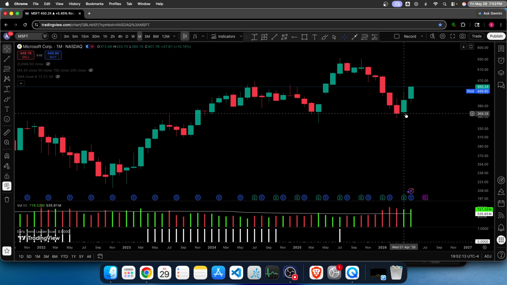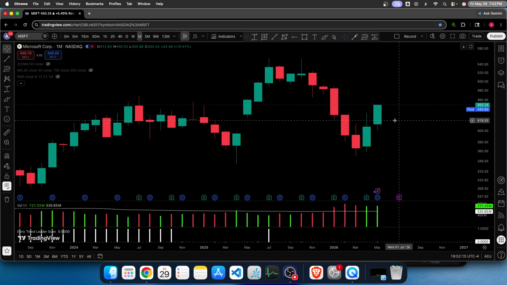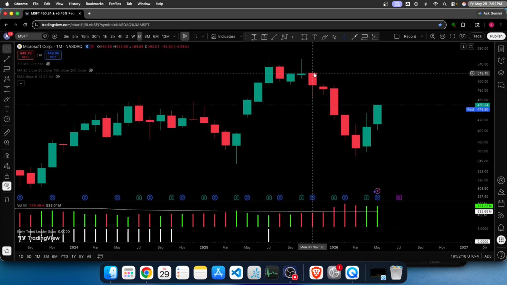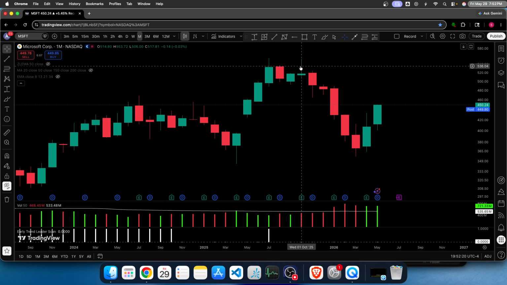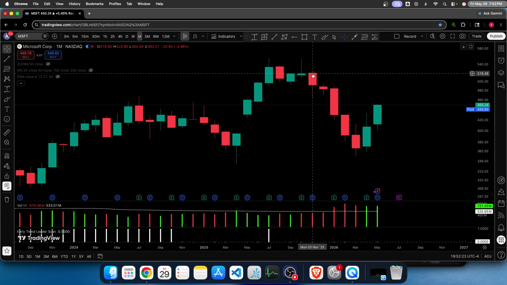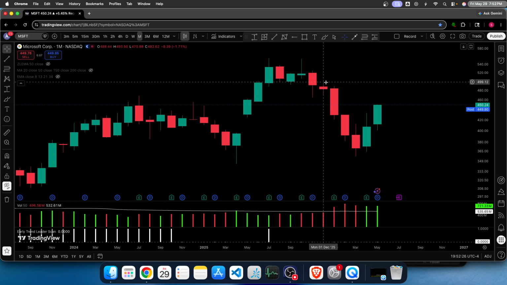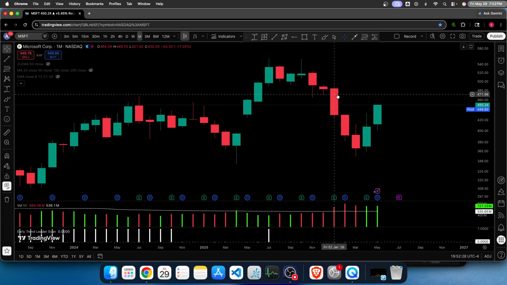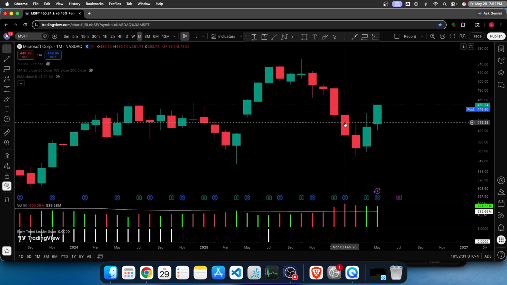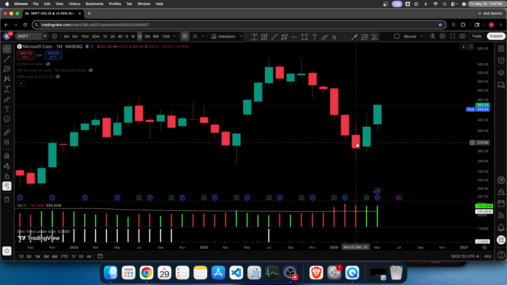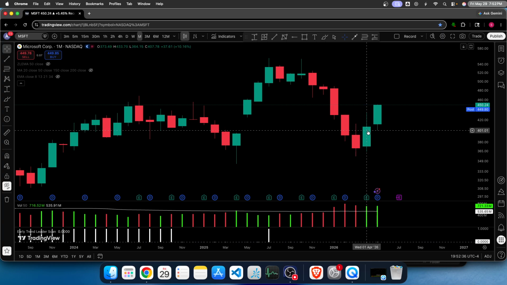Now on this chart, if you look bar by bar, each bar's high has been lower than the previous bar. This bar is 524, this bar is 493, this bar is 489, this bar is 430, this bar is 413. At this point, in the month of April, the high is much higher than the previous high of 433, much higher than the 413 high.